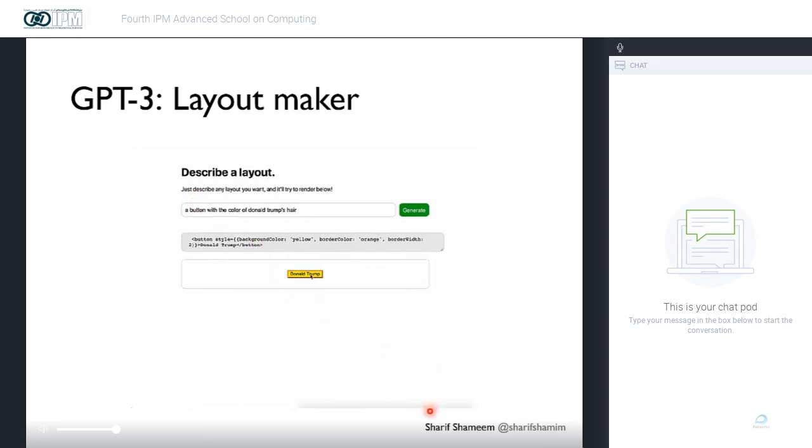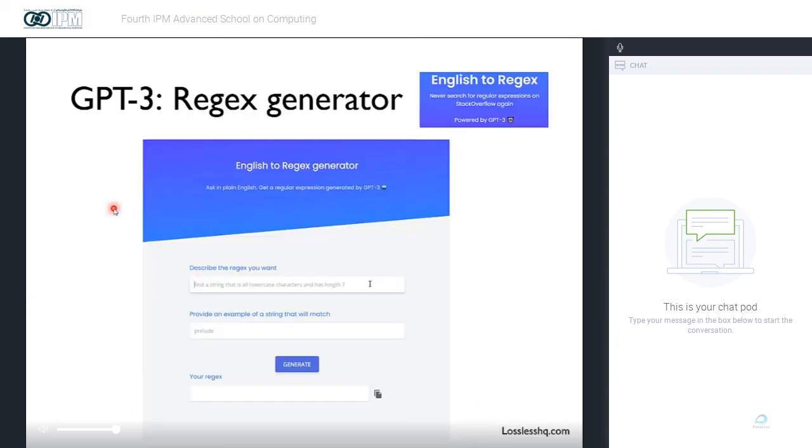You can go to the Twitter account of Sharif and see more examples like this. Here is another demo that shows you can create regular expressions by just providing descriptions, enabled by GPT-3.